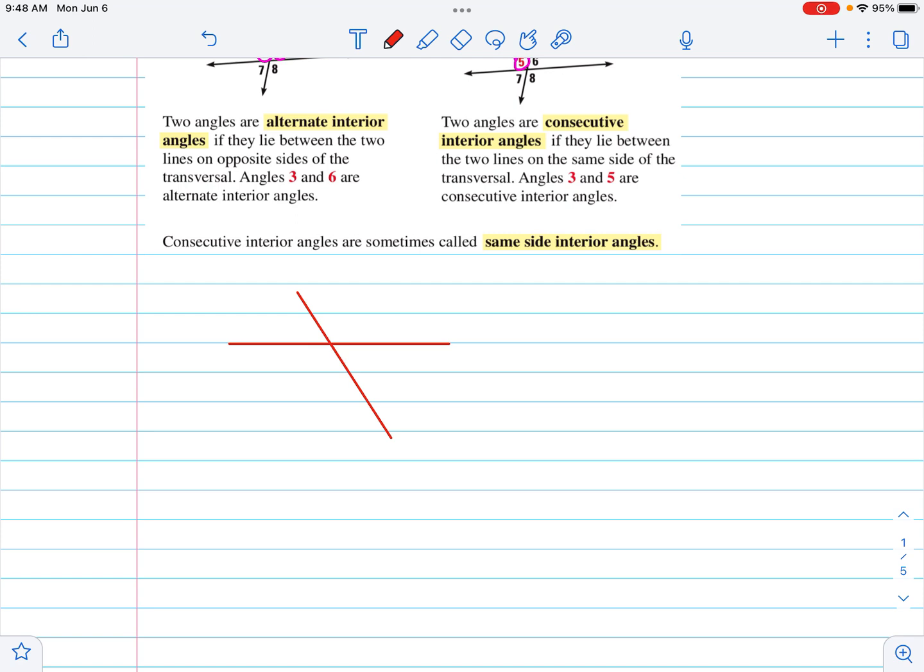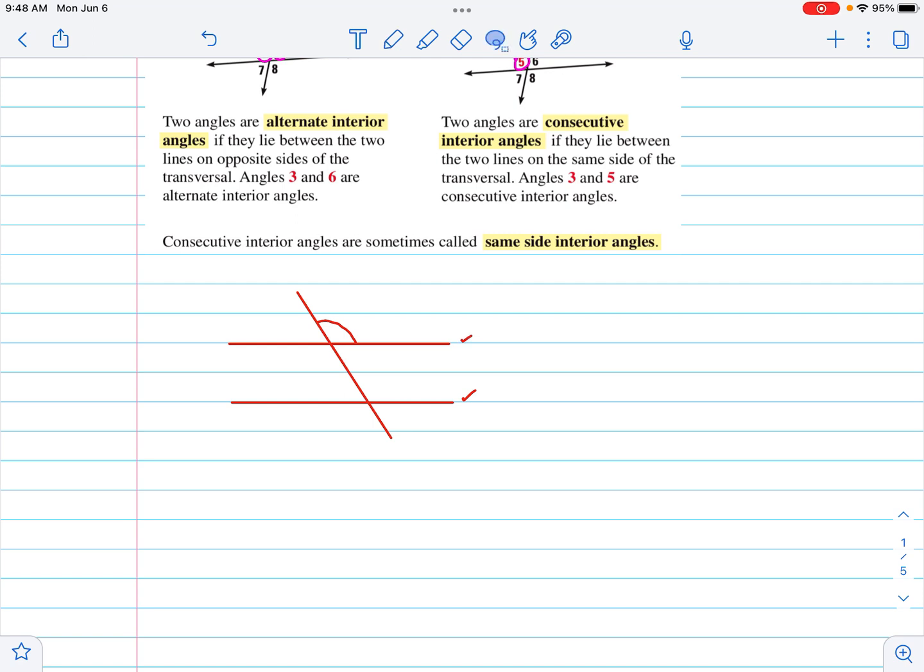And think about this angle right here. Now, what I want to do is come down here and make a parallel line. And notice that this line here is parallel to that line.